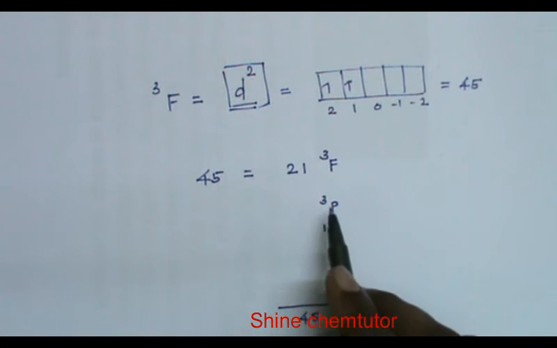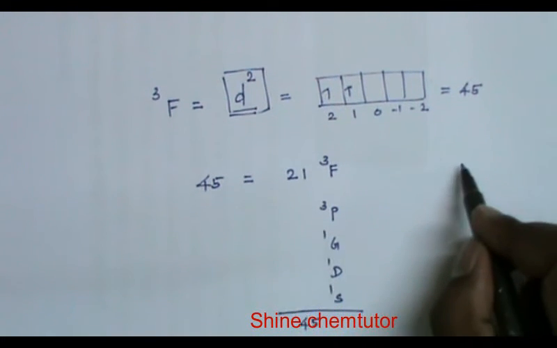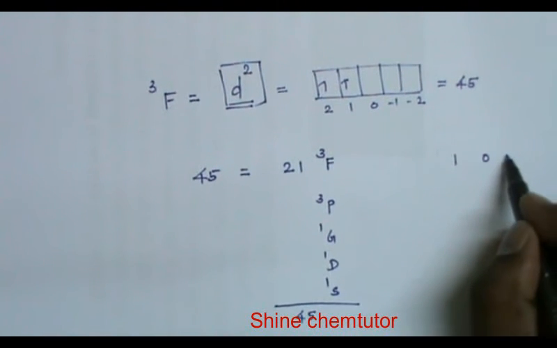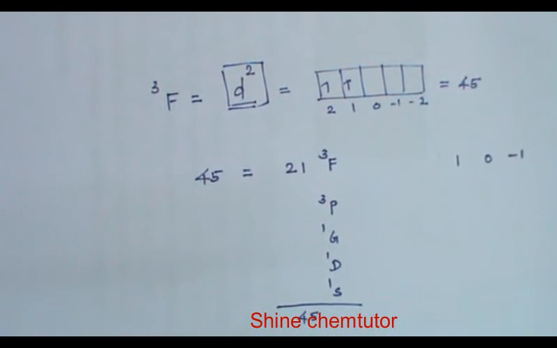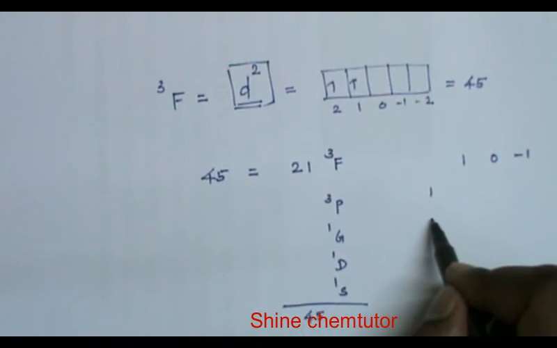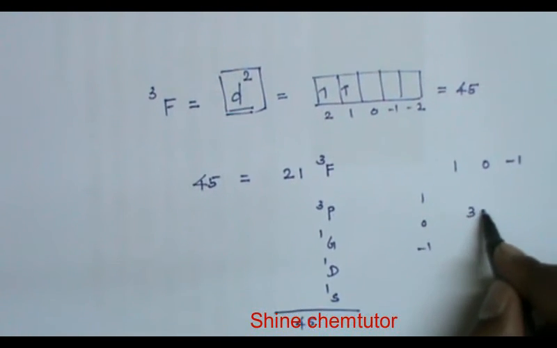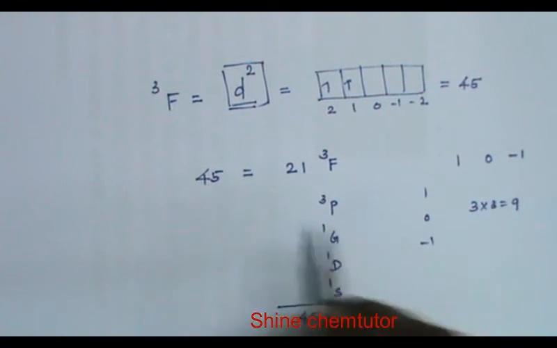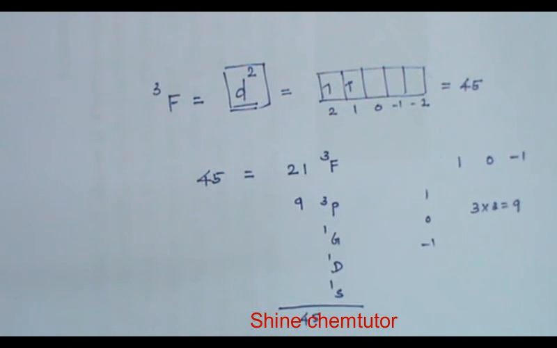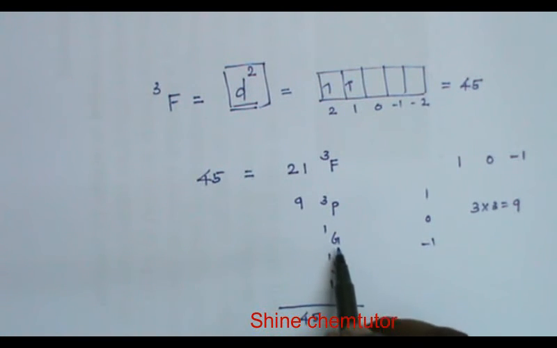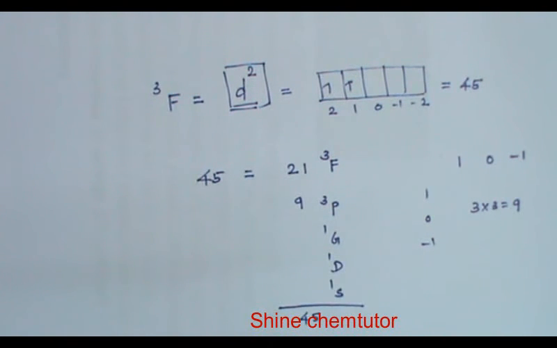Let's try to calculate here. If it is triplet P, the S value should be 1, 0, minus 1. P value should be 1, 0, minus 1. So 3 into 3, 9. There will be 9 triplet P microstates. What about G? Since it is singlet, it is possible only when the S value is 0.